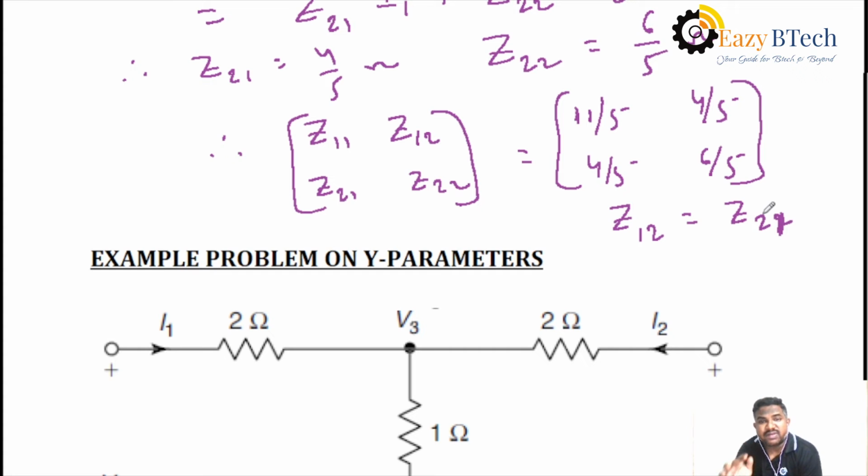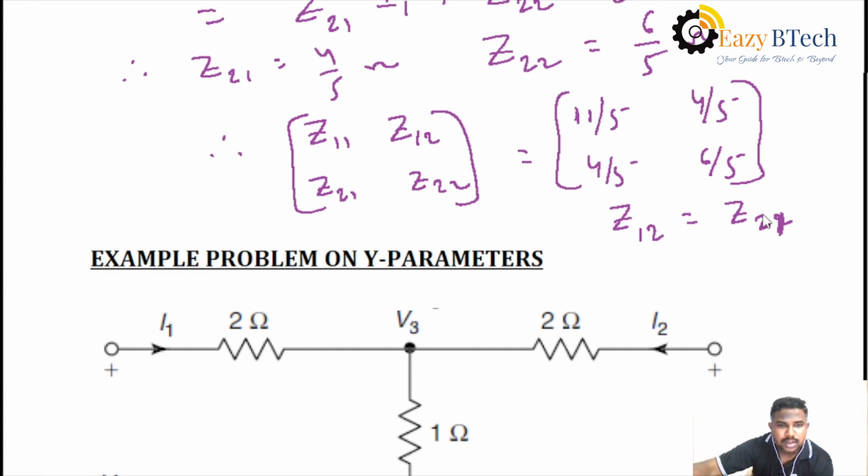That's why the given network is not symmetrical. After finding the values, you also verify whether the given network is reciprocal or symmetrical. If Z12 equal to Z21, the given network is reciprocal. But in this problem, Z11 is not equal to Z22. That's why the given network is not symmetrical.